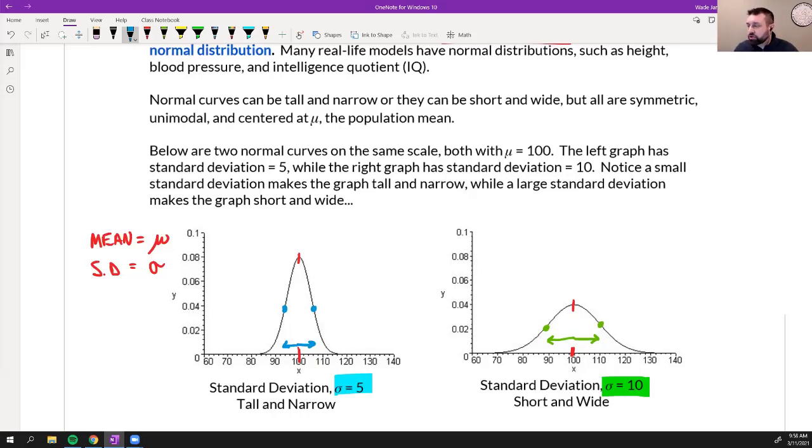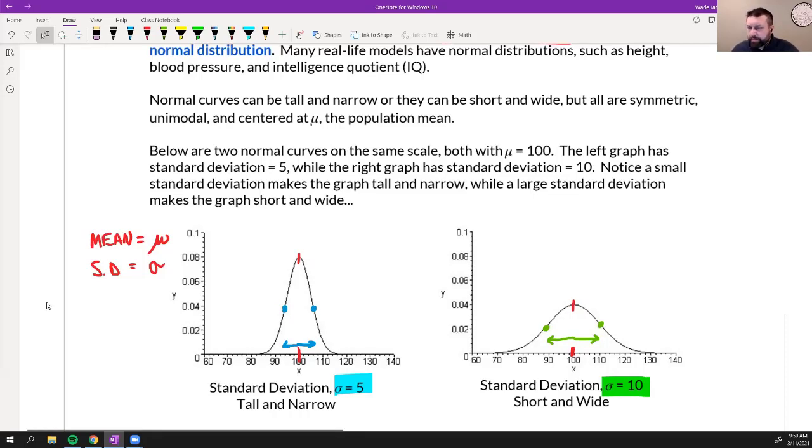And so that means your curve is going to be short and wide. It's almost like someone applied pressure to the top of this pile of sand and it just kind of smushed down, right? Like you push down on top of it and the sand smushed out. Okay, that's what standard deviation sort of controls, is the height and the width of your graph.